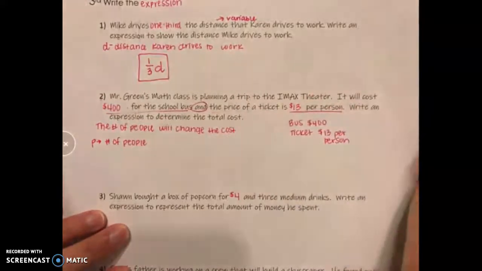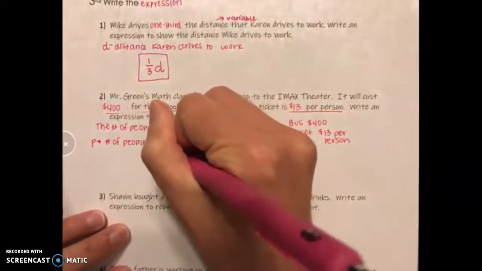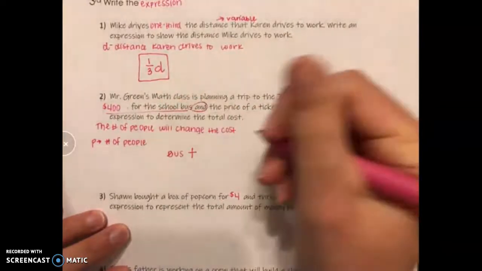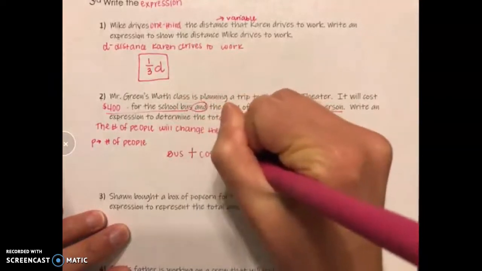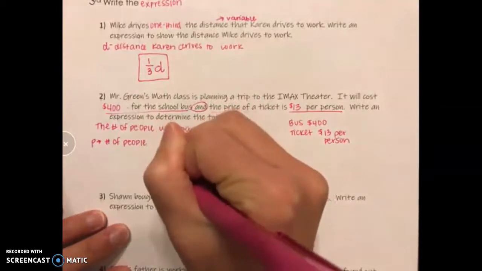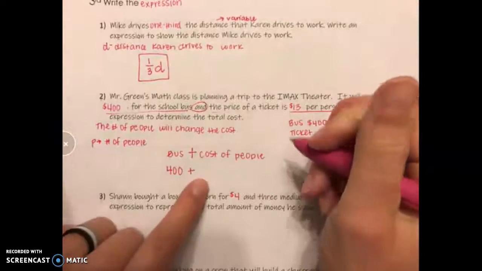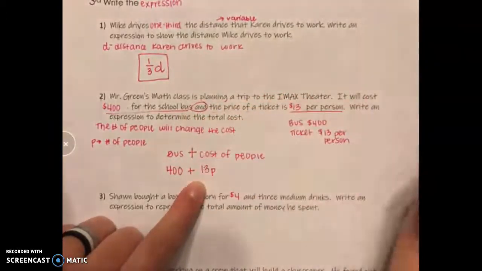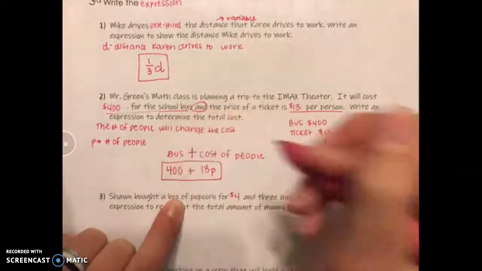So we're going to have 400 for the school bus, plus the cost of people. So now we can fill this in. So the bus cost us $400 plus how much per person? We don't know. It would be $13 times however many people went. So 400 plus 13p.